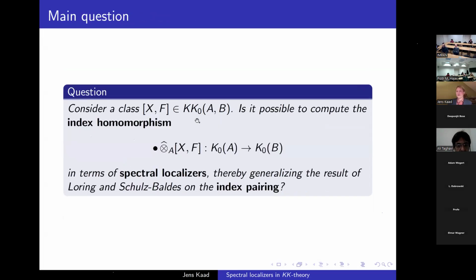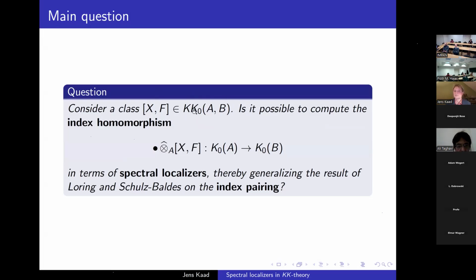So suppose now that I have a class in KK theory. This class here is represented by some even bounded Kasparov module, and so I can take interior Kasparov products with this class.